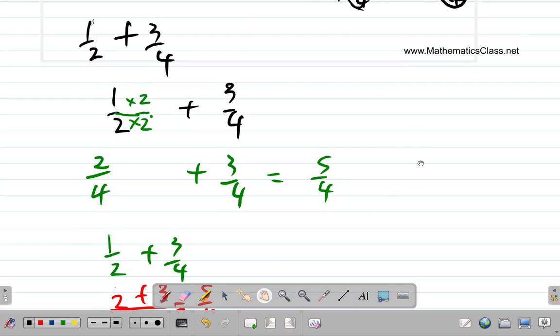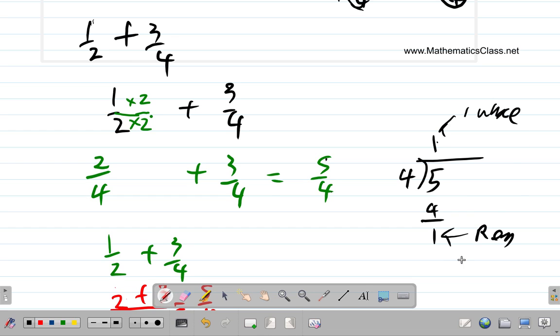Or you can say, if you want, 4 into 5, 1 time, and you have 1 left over. If you use long division, 1 times 4 is 4, 5 minus 4 is 1. Right? So you have 1 whole and the remainder 1.